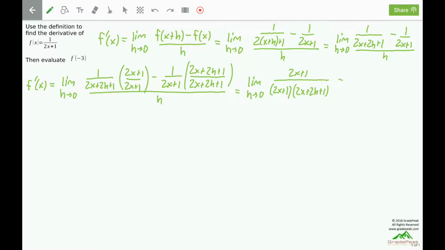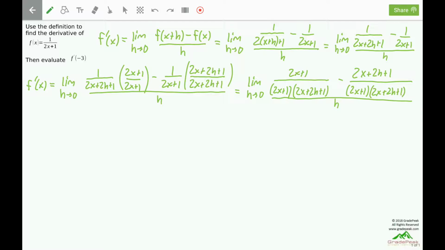And then we have minus the second fractions multiplying the numerators gives us a 2x plus a 2h plus a 1. And then it'll be over that same common denominator that we're going to keep in a factored form. And then all of this is divided by h.